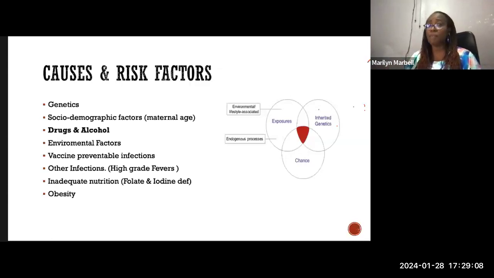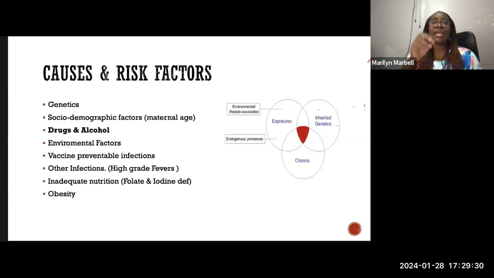Inadequate nutrition, that's a big one, especially folic acid, folate, micronutrients, and iodine deficiency can actually cause birth defects in children. And we will learn that the folate, which is folic acid, if you are deficient in folate, it can cause the neural tube defect.